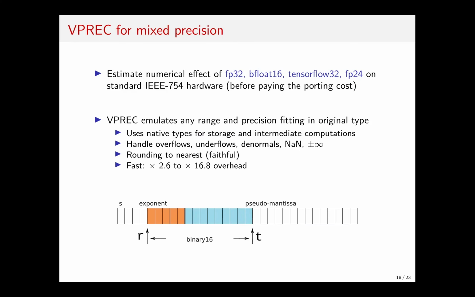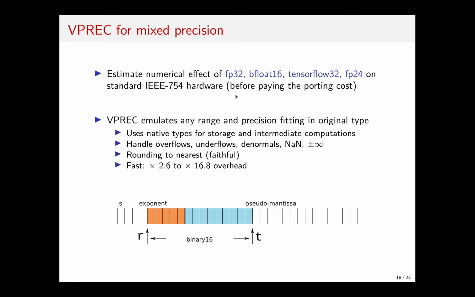So the last thing I want to present is variable precision. Variable precision is a different technique than Monte Carlo arithmetic. It's much cheaper. The idea is that we are going to simulate floating point formats with less precision. For example, we can simulate single precision, bfloat16, TensorFloat32, FP24 on standard IEEE 754 hardware.